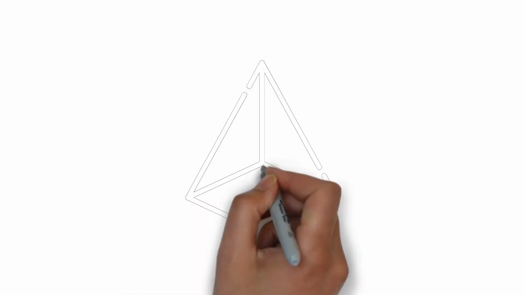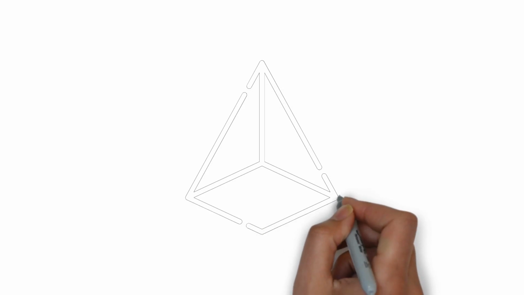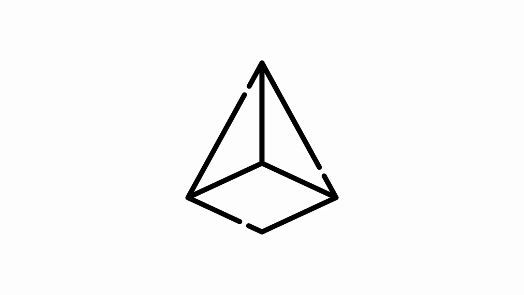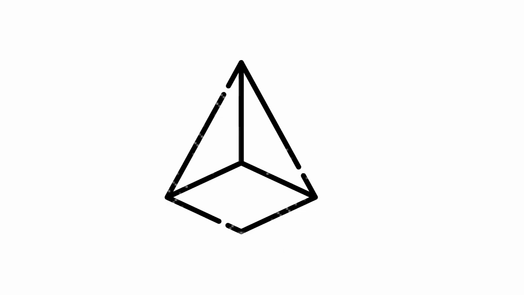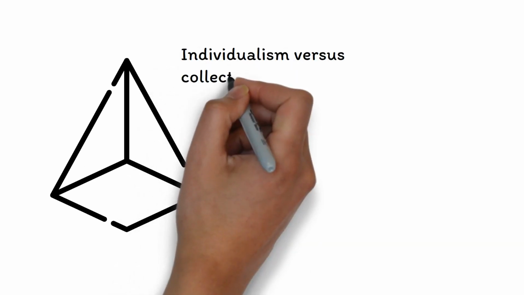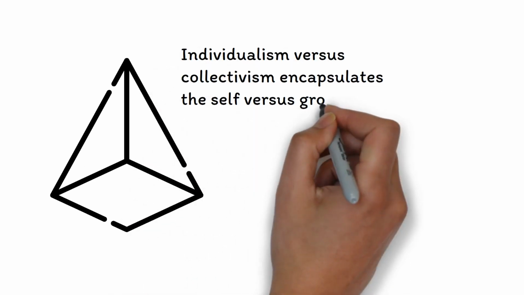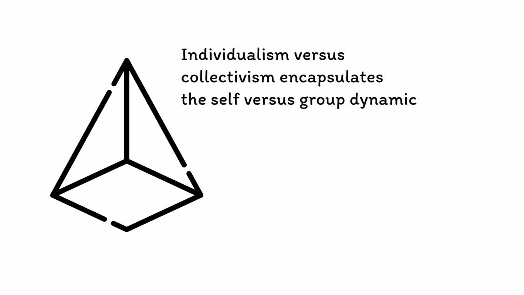Hofstede's cultural dimensions offer a lens to understand these facets, where power distance measures comfort with inequality, and individualism versus collectivism encapsulates the self versus group dynamic. Uncertainty avoidance reflects the degree to which societies tolerate ambiguity, while masculinity versus femininity captures the divide in gender roles.